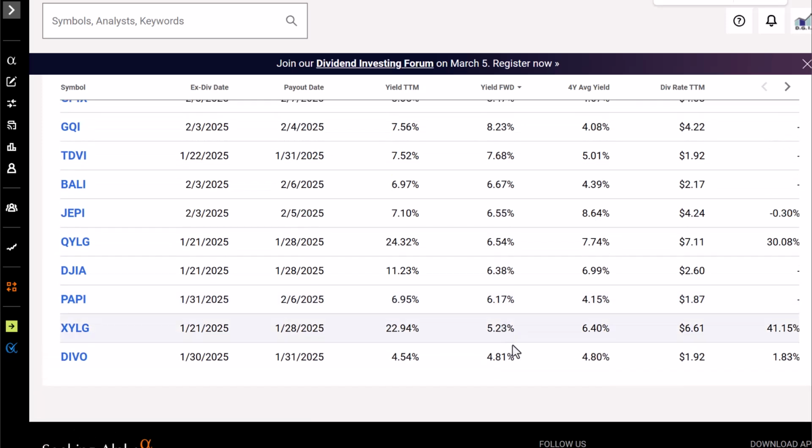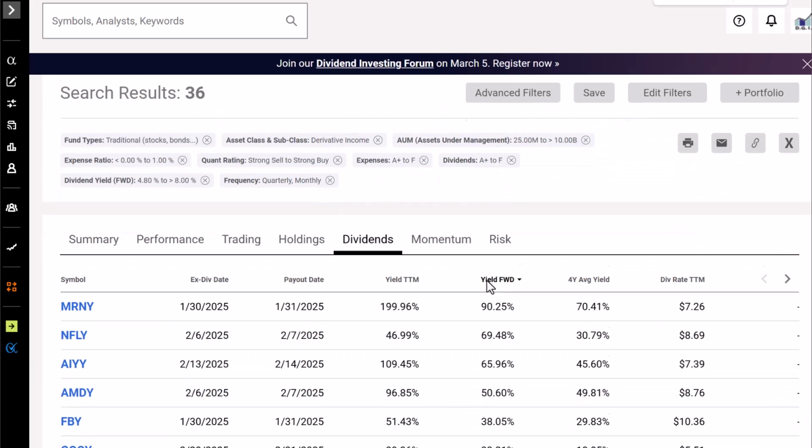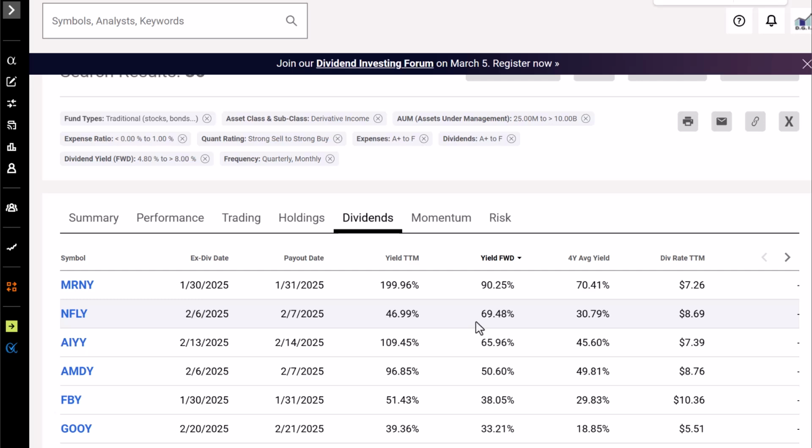You're like that Twilight meme in the beginning, looking down all high and mighty: those peasants. How dare you invest in a 5% dividend yield ETF when you can get a 90% or a 69% yield? All right, cool. So you've got 90%.